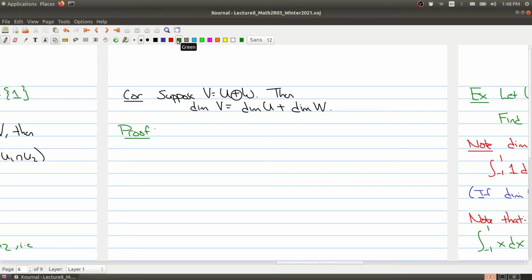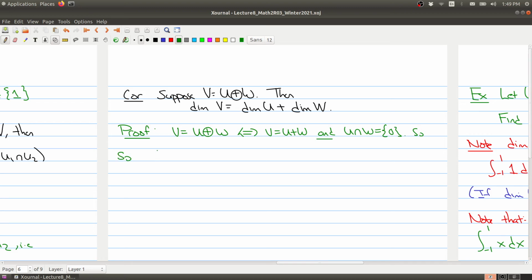I can give you the proof very quickly. Remember that V is a direct sum of U and W if and only if V is equal to U plus W and U intersect W only contains the zero element. So we can apply our previous result.